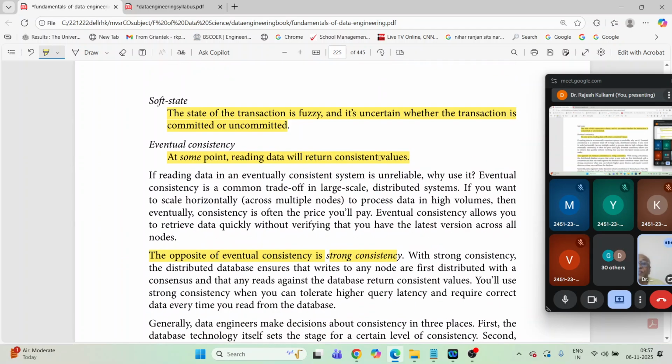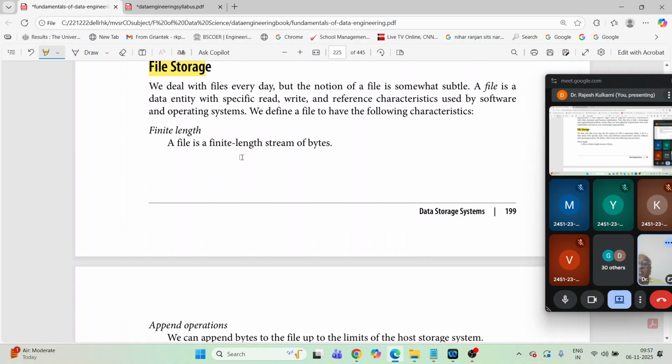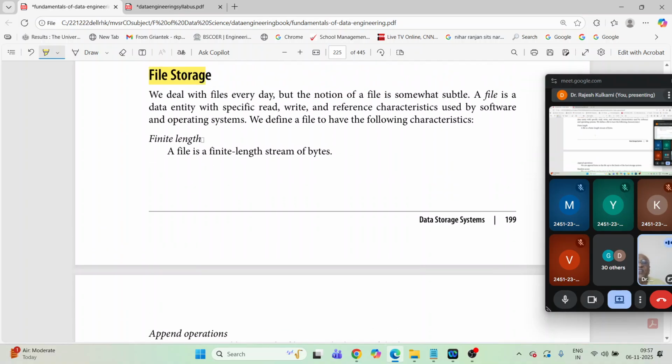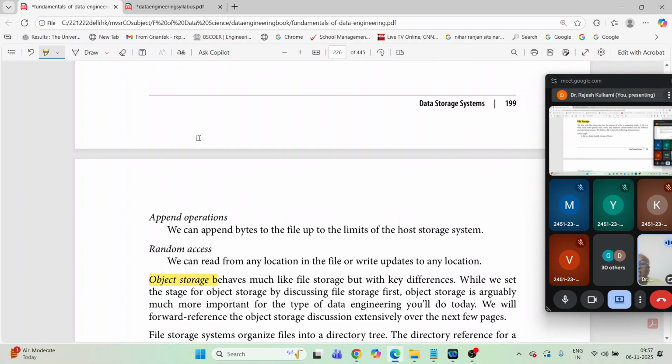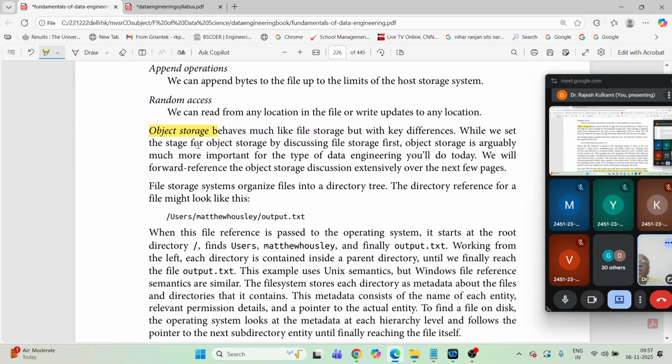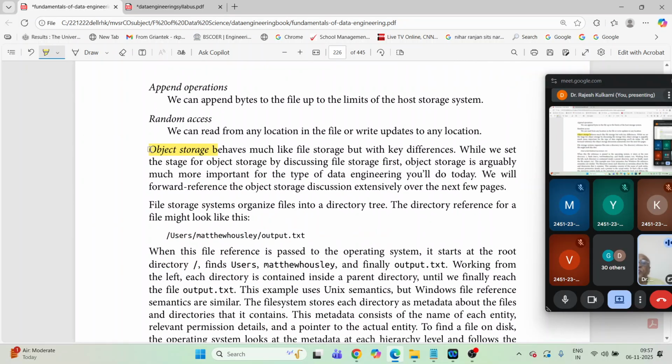So that's why this. Now coming to file storage, I know what a file is, right? It has properties, the definition of a file you might have learned in operating systems and everywhere. So it has finite length and all that. Now when I speak about file storage, I should also speak about object storage. Why object storage? Because the moment I start discussing data science and data engineering, I know that my data is being stored in the form of object storage.